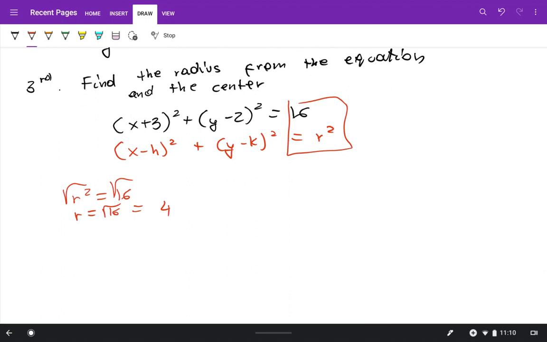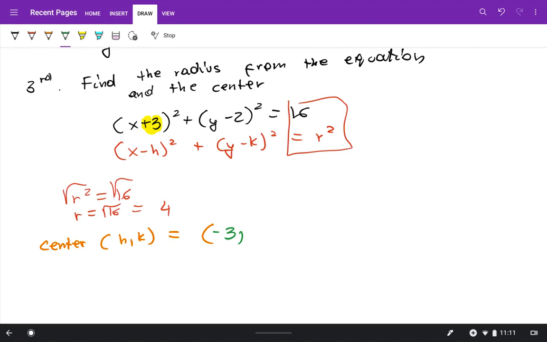Now the center, (h, k). For h, you check what you have in parentheses with x. You see positive 3, so just take the opposite, negative 3, because the equation of a circle has a negative sign in the parentheses.